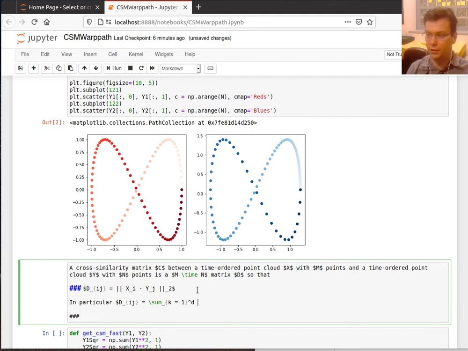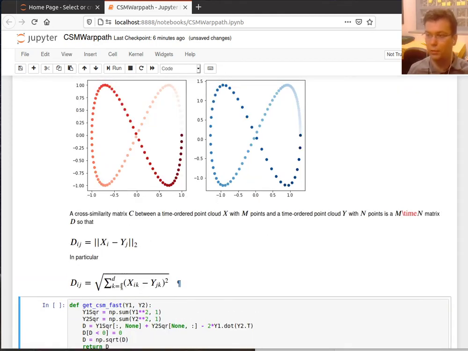So if there are d dimensions, that would be of x_ik minus y_jk, this quantity squared, and then the square root of the whole thing. Okay. So let's look at this and see if we can code it up.